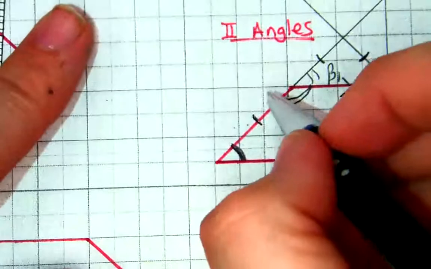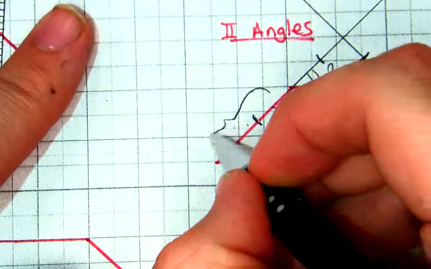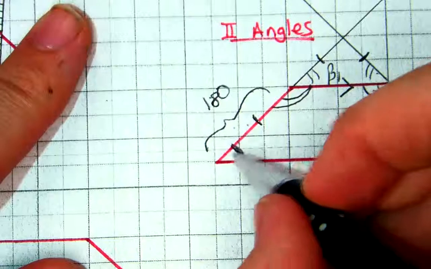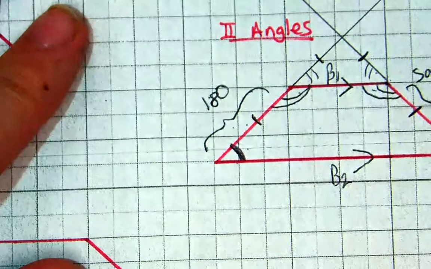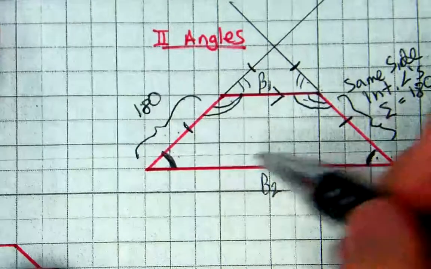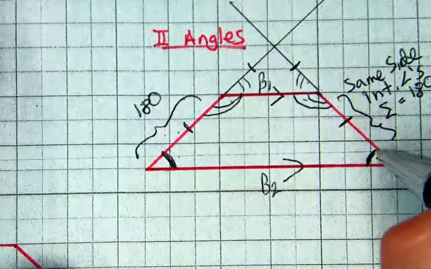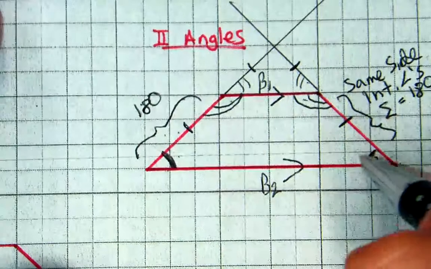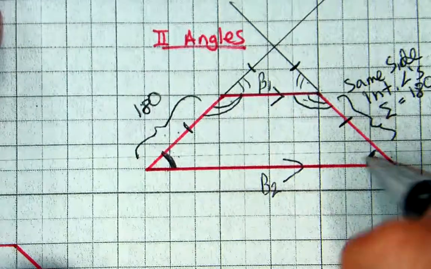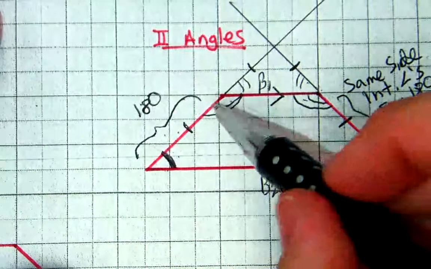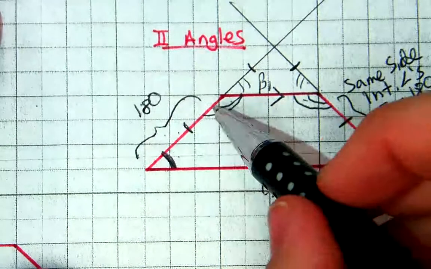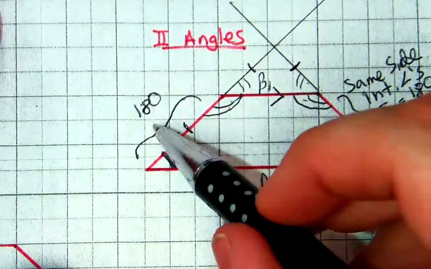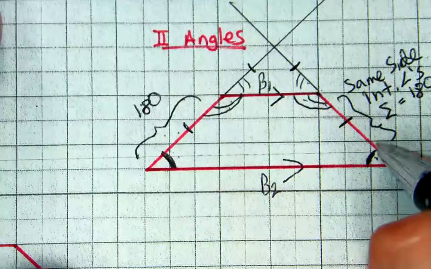If I add up these two angles, the sum is 180, because this is still a transversal and these are same side interior angles. You get two sets of base angles, just like if you had an isosceles triangle. These two angles are congruent, these two angles are congruent. The two different base angles added together is 180.